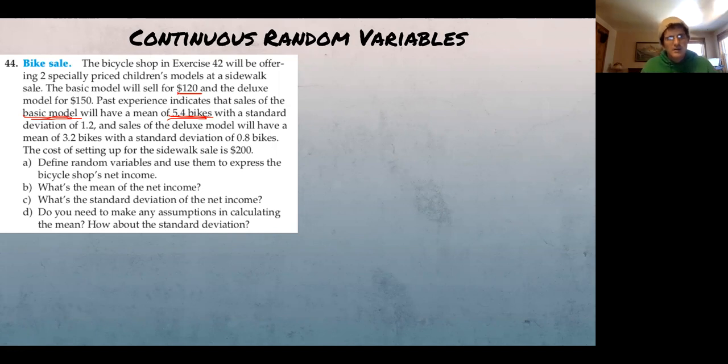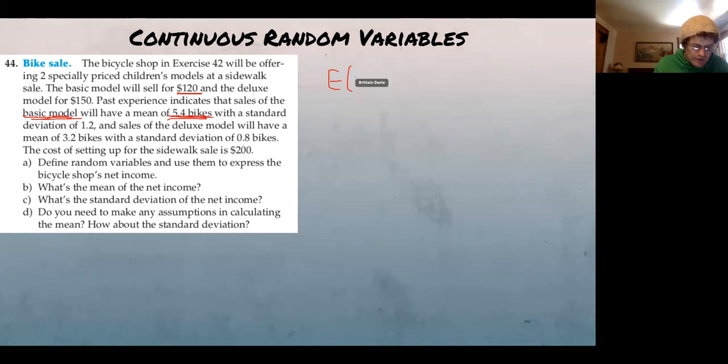How many dollars are we making from the basic model? There's basic and deluxe, so I'll call this random variable B for basic.